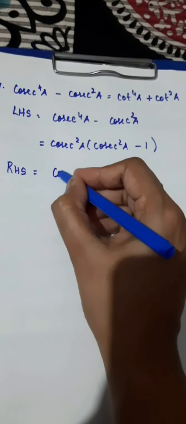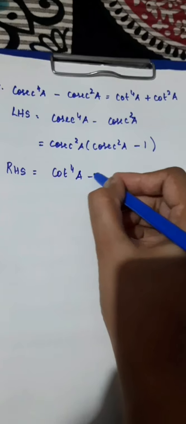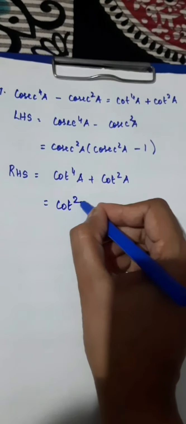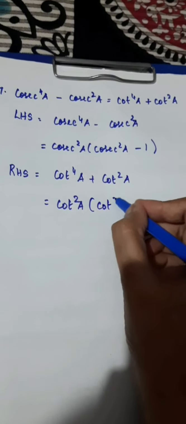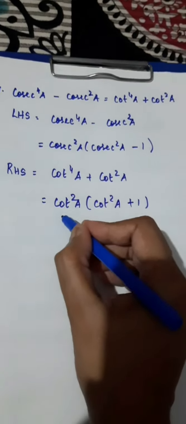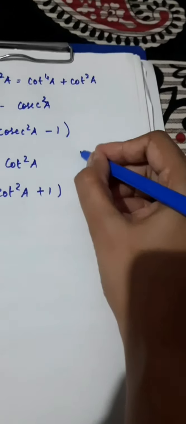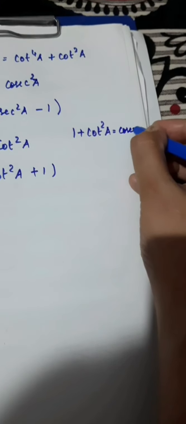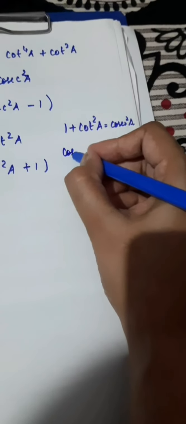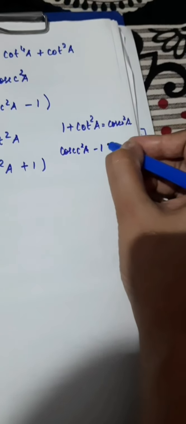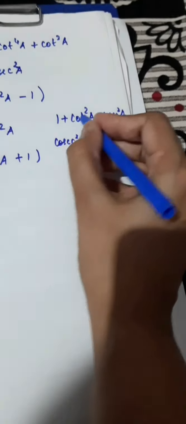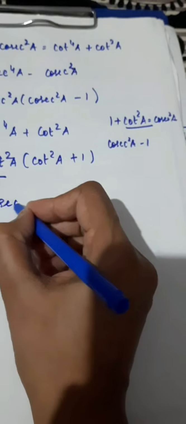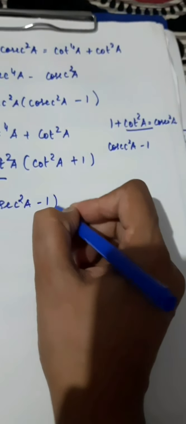RHS, same way we can write cot to the power of 4A plus cot square A. We can write it as cot square A common, into cot square A plus 1. Cot square A can be written as cosecant square A minus 1, as per the Pythagoras theorem identity.